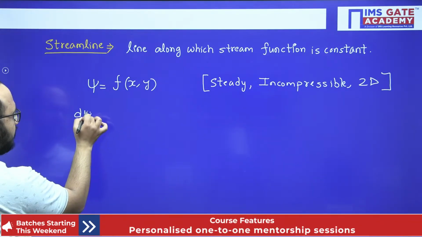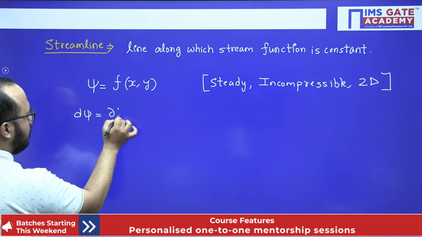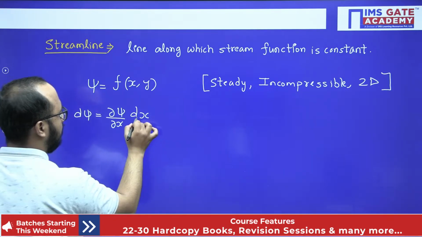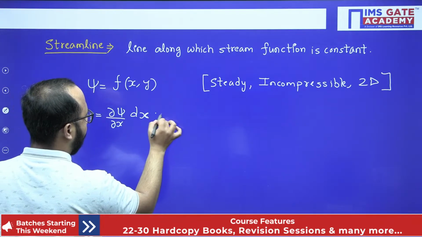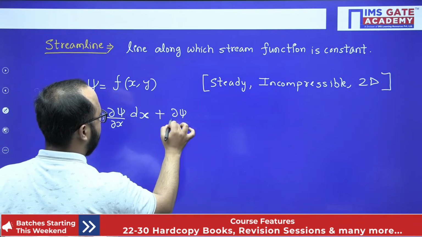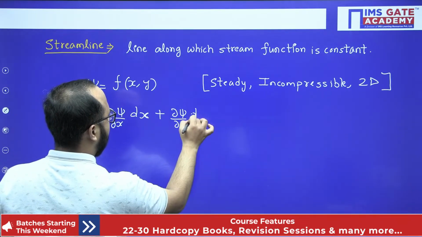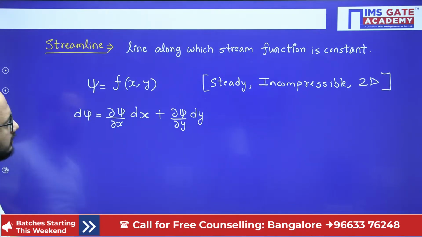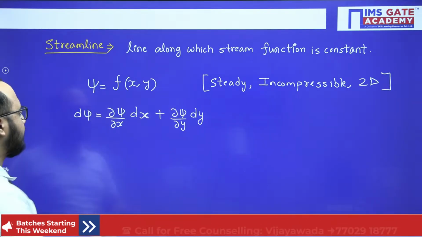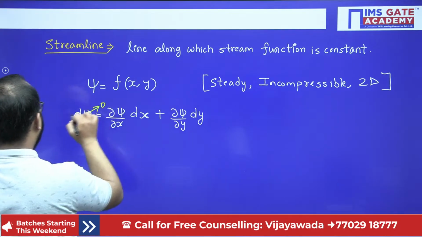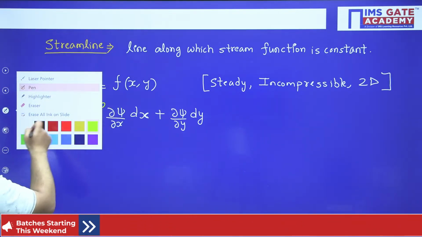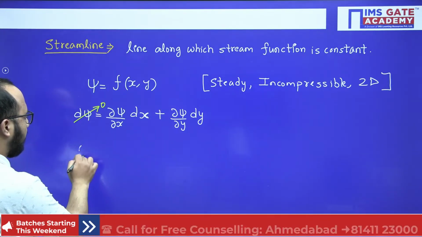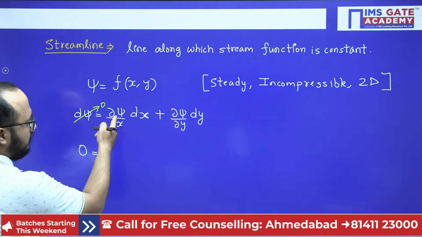If I differentiate it, what will I get? Dou psi by dou x into dx, plus dou psi by dou y dy. Now, as the line along which the psi value is constant, d psi will be 0, because I am writing this for the streamline, right? So for the streamline, this value has to be 0.